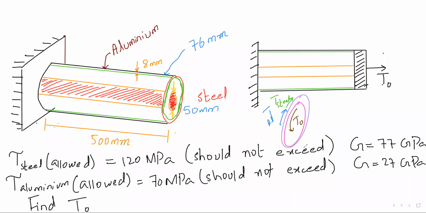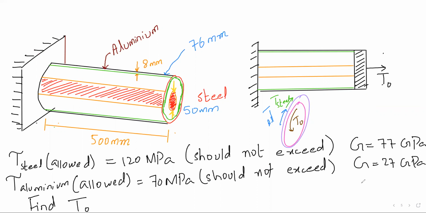Let me rephrase his question. His question is that you are asking us to find the T naught, and how can we find it with one equation?